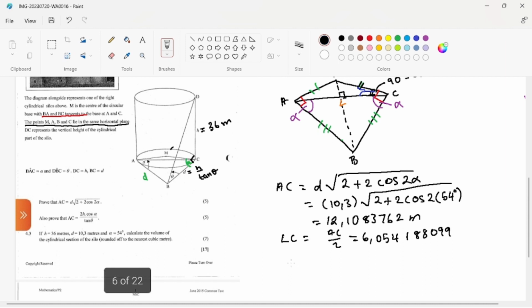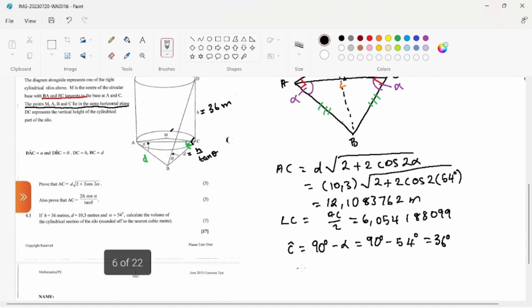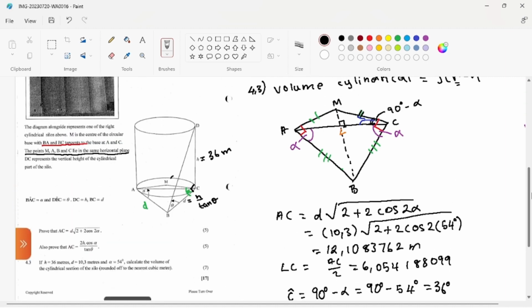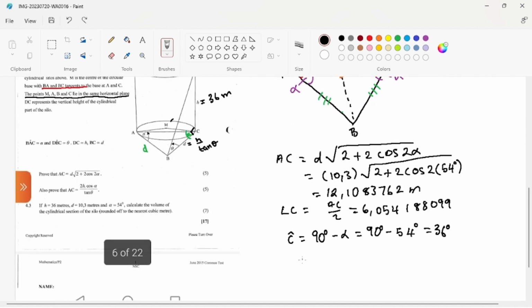What is our angle C? It's 90 degrees minus alpha, and alpha is 54 degrees, so it's 36. On that smaller triangle at the top, adjacent over hypotenuse, so cos C is equal to LC over MC.